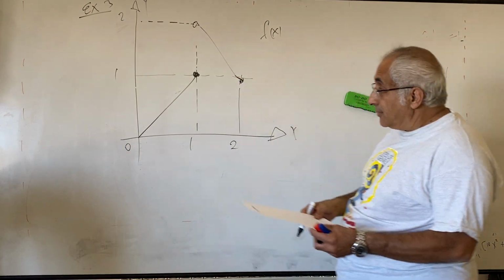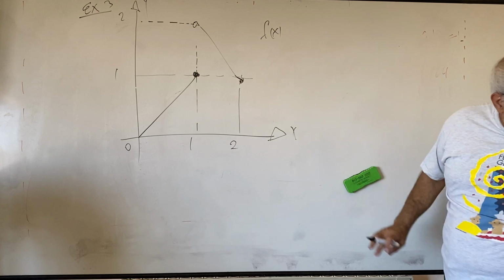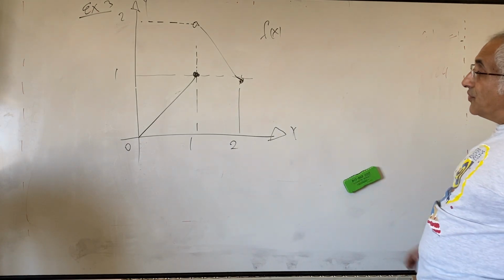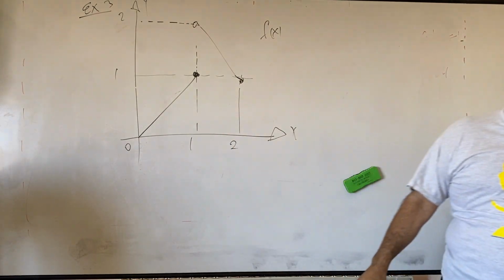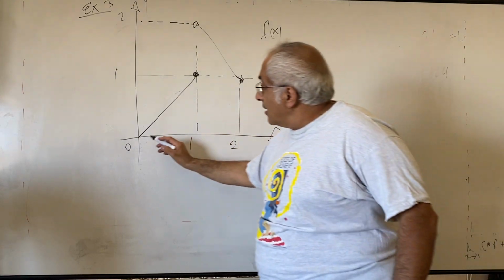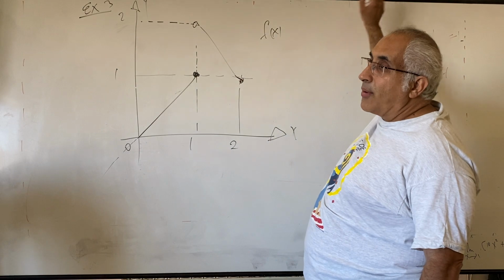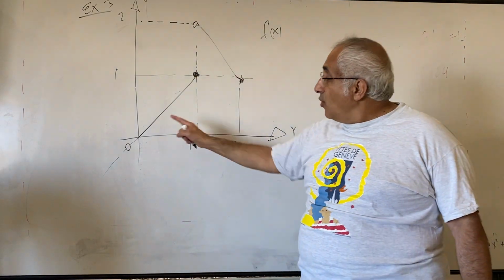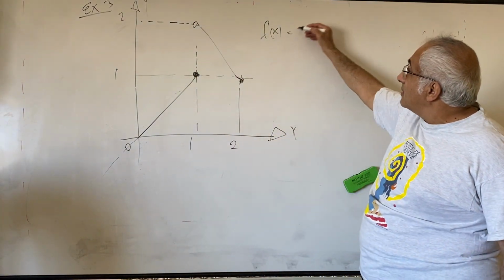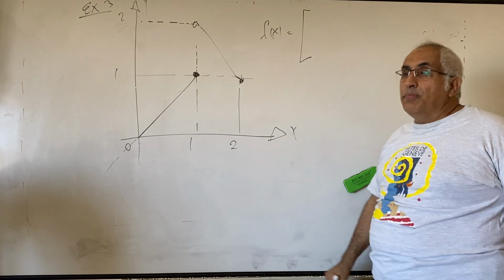So what's my question here? Just for your information, this straight line is a straight line that goes through 0, and it goes all the way that way, and it can go all the way up there. But I want that piece, so I can write this graph within two pieces.